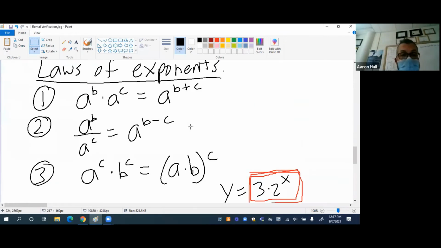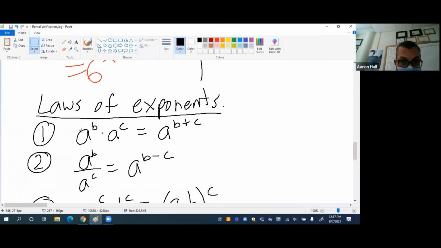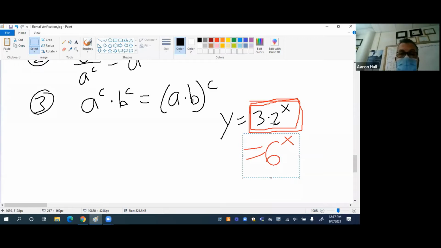If we had the same base, what would we do to the exponents? Add the exponents. We don't have the same base. We don't have the same exponent either, so I can't multiply the bases. What is the exponent, Bentley, for 3? It's 1, yep. We don't have the same bases. We don't have the same exponent. There's nothing we can do. It's already simplified. This is not true. There's nothing we can do to simplify it. Okay.